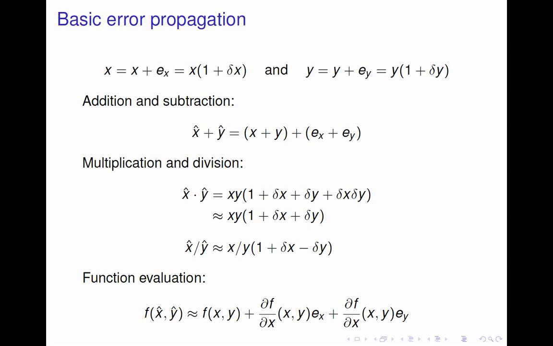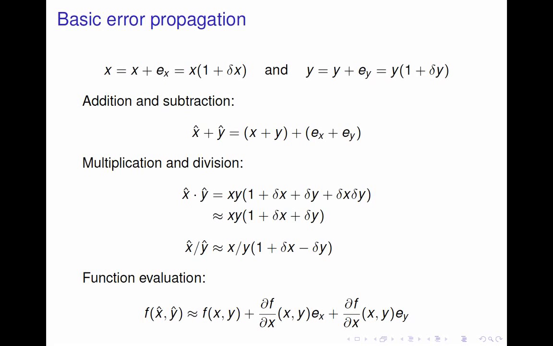For multiplication and division, it's the exact opposite. When you multiply two numbers, the relative errors add. So if I have x hat times y hat, each of which is the true value x or y times 1 plus delta x or times 1 plus delta y, I take the product and I get x times y times 1 plus delta x times 1 plus delta y.